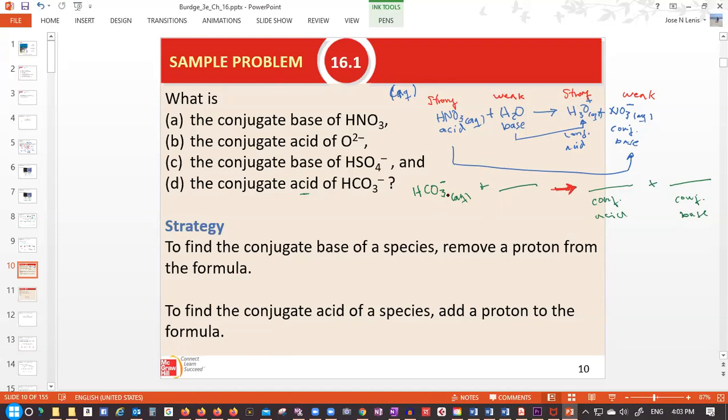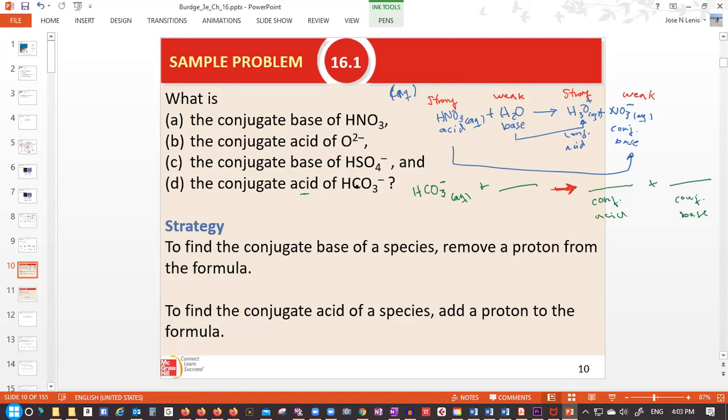So let's read the question. The question gives you a lot of information. Let's read it carefully. Find the conjugate acid of HCO3 minus. We need to find the conjugate acid of that.